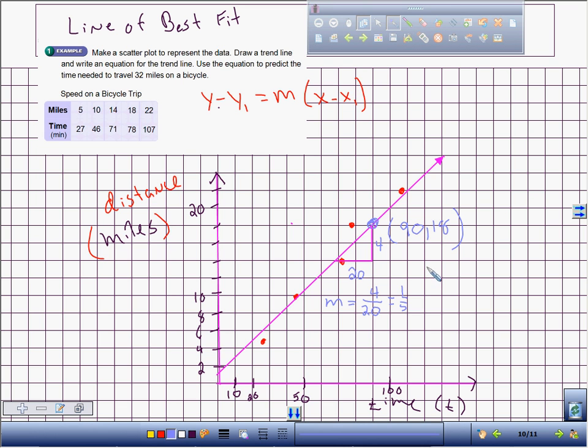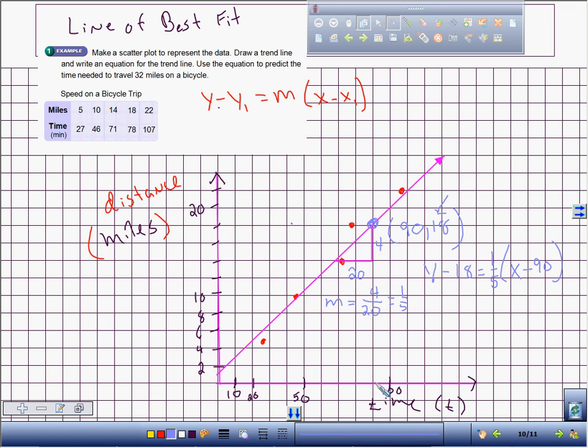So I'm going to go y minus y1, 18, equals 1 over 5 x, should actually be t, but that's okay, x minus 90, okay?